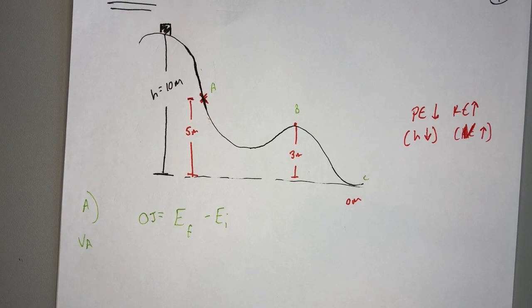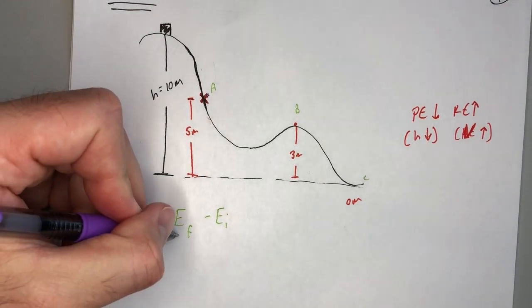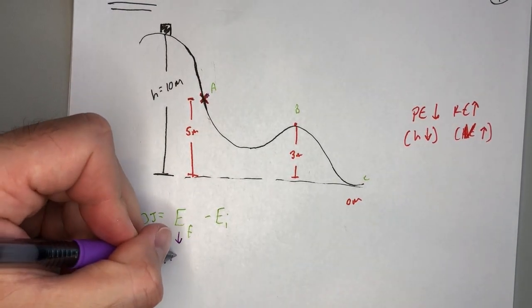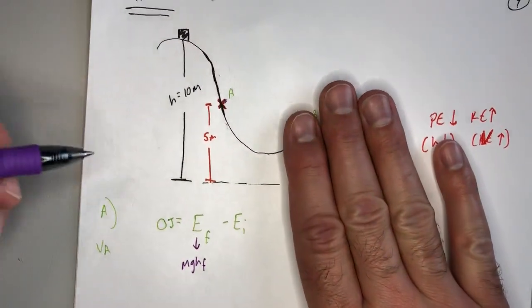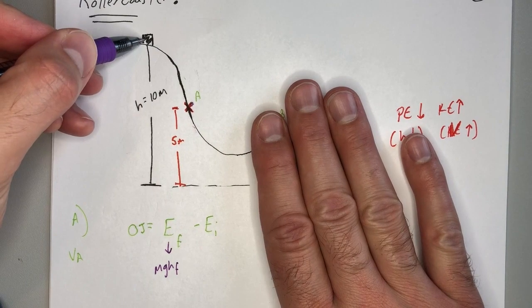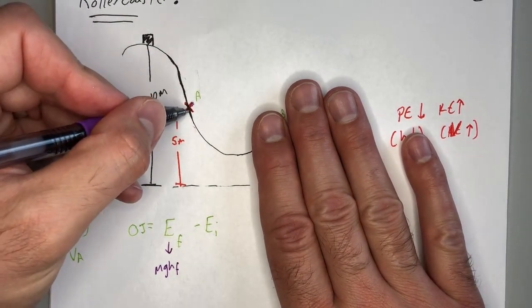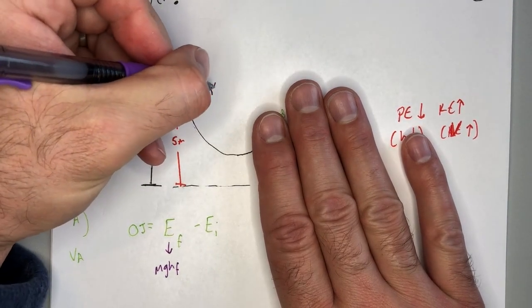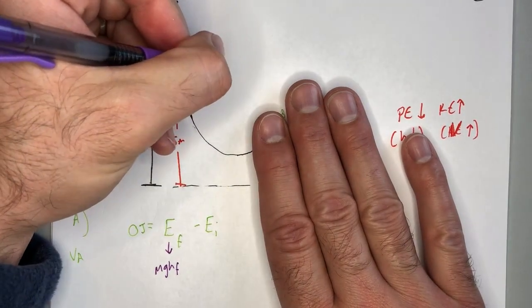Okay, so let's identify this. The final energy at point A right here is still up in the air, so it has potential energy, mgh final. I call it final just because I'm looking at my system from initial to final right here. At point A it has potential energy, so it's got PE final, but it's also moving, so it has KE right there.